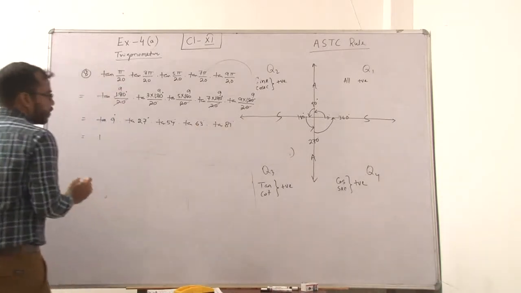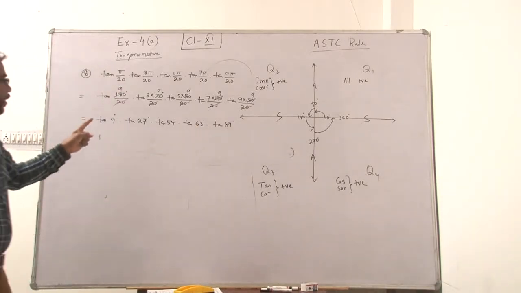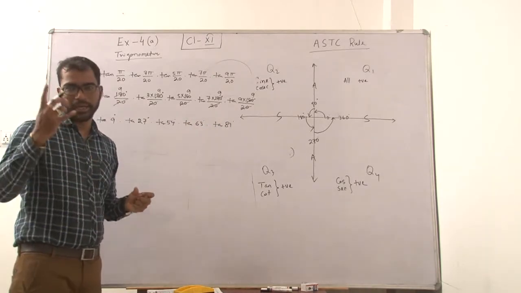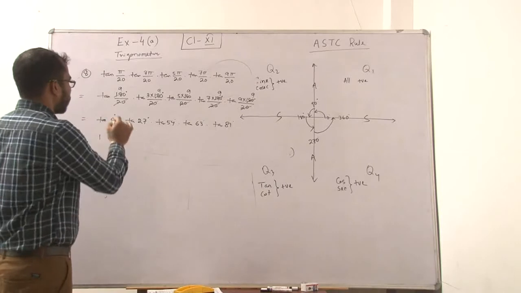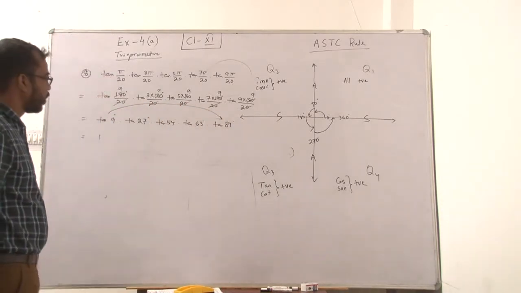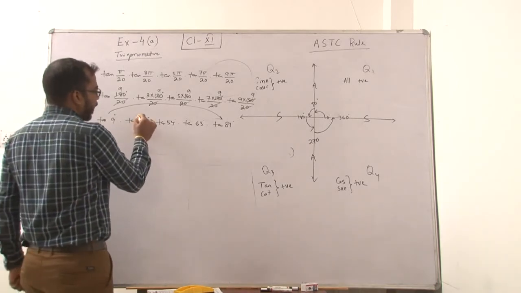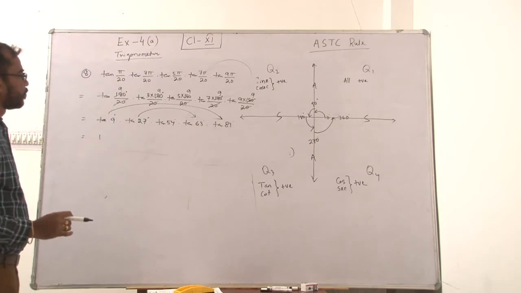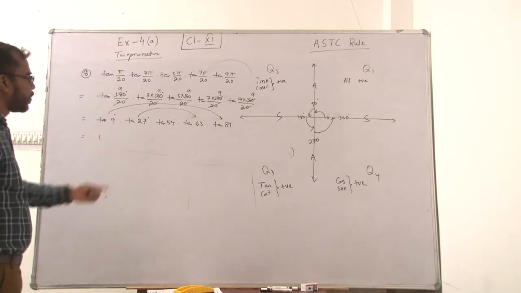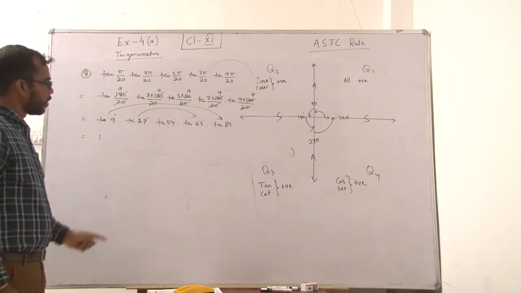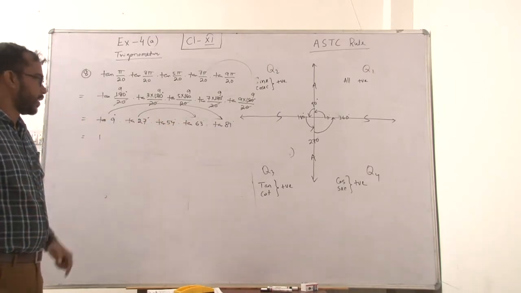Here you can see 9 degree is related to 81 degree because if we add them, we get 90 degree. And tan 27 is related to 63 because if we add 27 and 63, we get 90 degree.